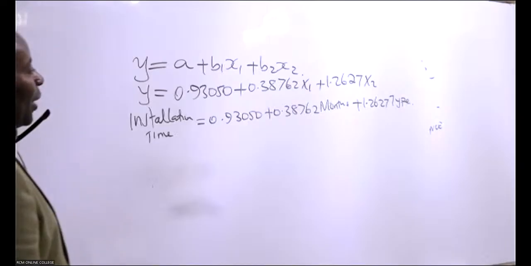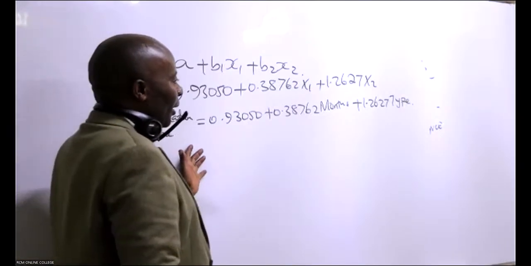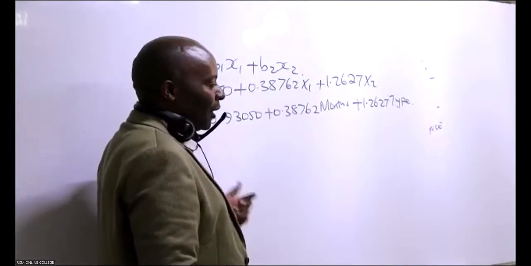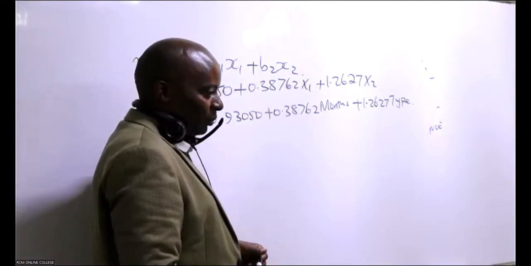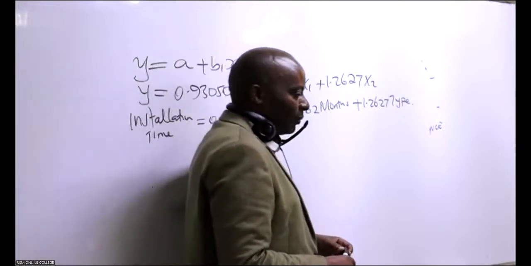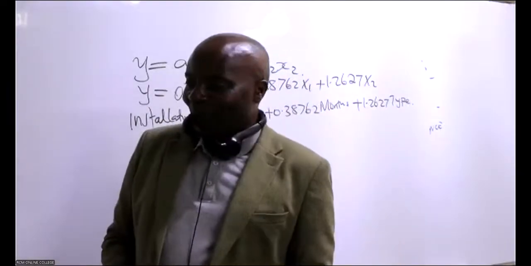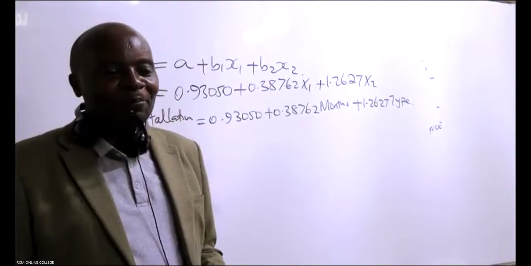So before I wrap up this question, this working, could you kindly tell me whether this model is economically plausible? And why do you support economic plausibility? You said yes.